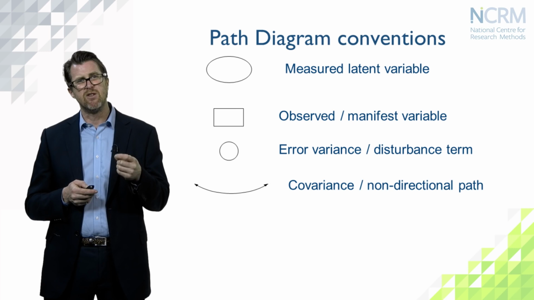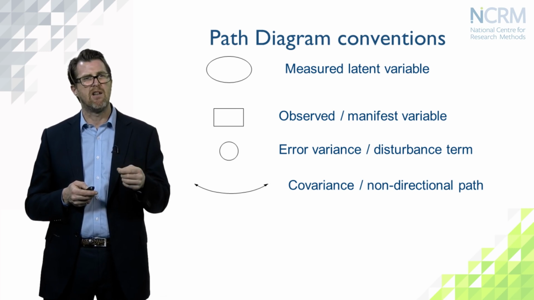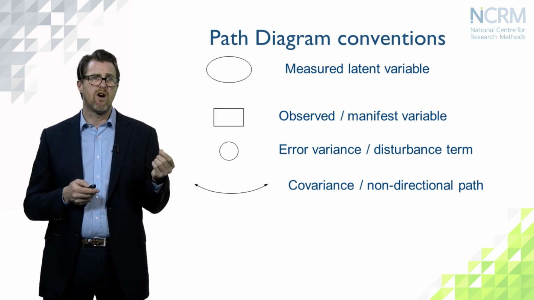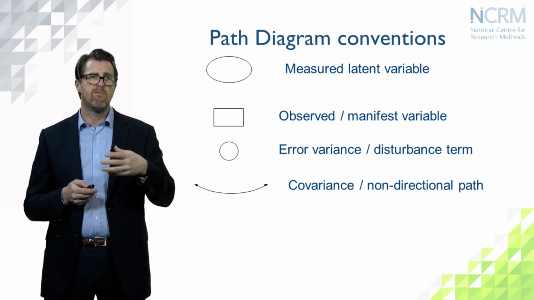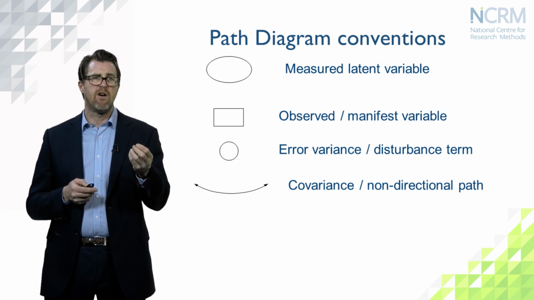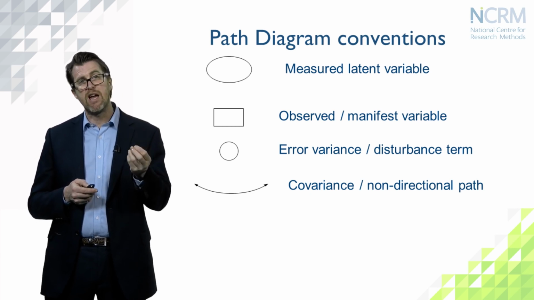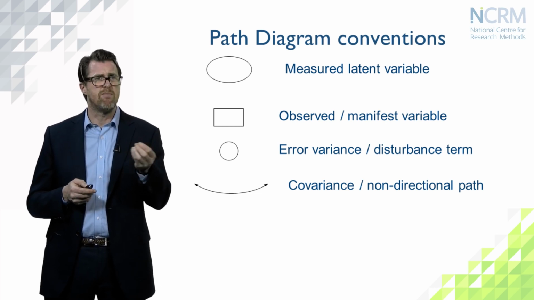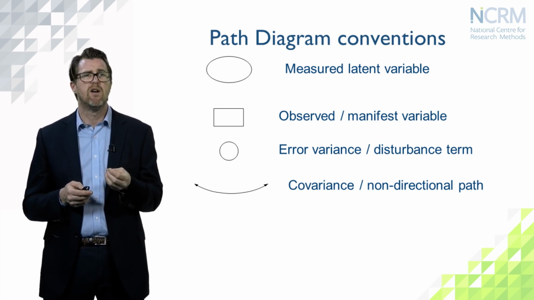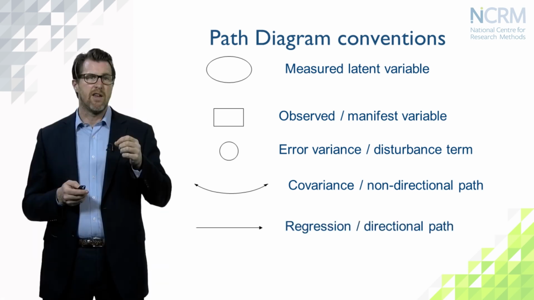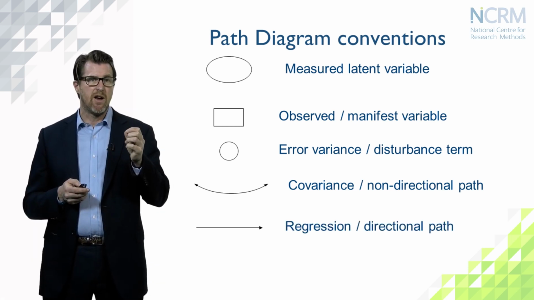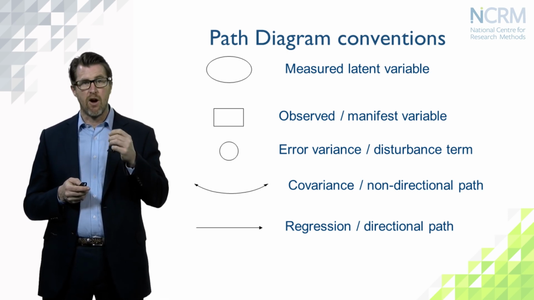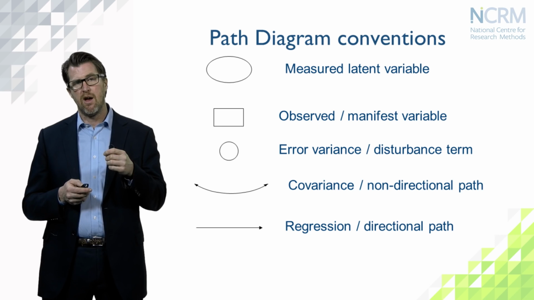We call this sometimes a non-directional path or an unanalyzed relationship, because this is used to show that two variables are related to one another, but our model does not specify anything about the direction of that relationship. It may be because it's not an important part of the theory, but we know that the two variables are associated. Lastly, a straight line with a single arrow at one end indicates a directional path, a regression coefficient.